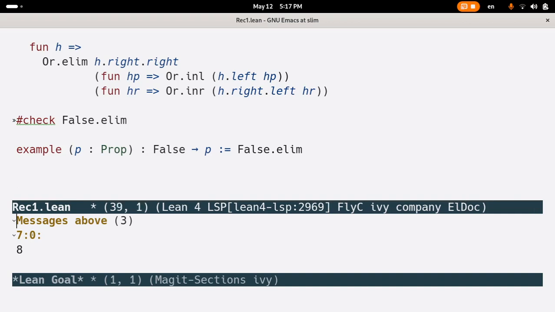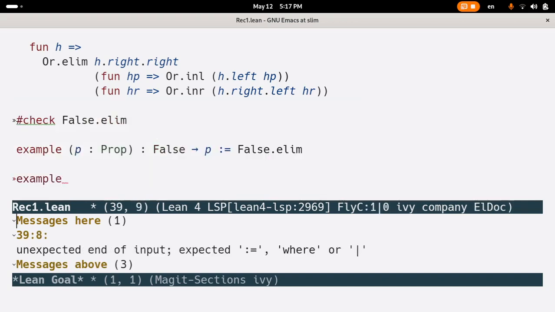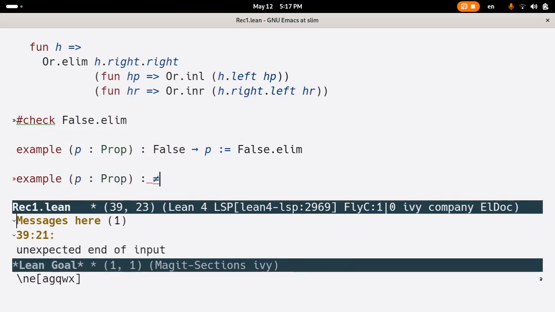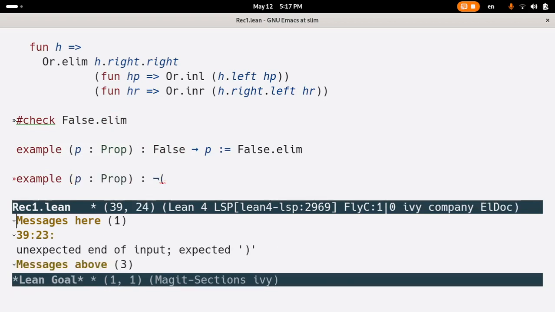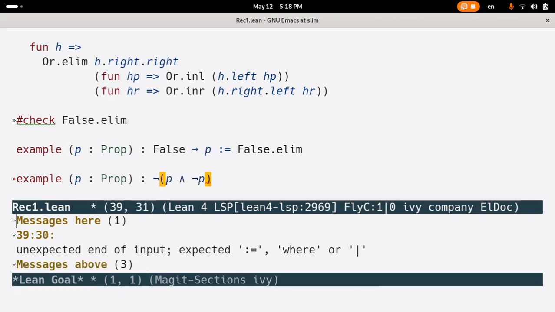Let us take a look at negations. I want to prove for any proposition P, that P and negation P does not hold. For a proposition P, negation P is defined as P implies false.